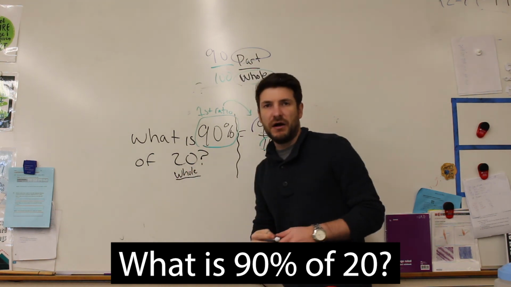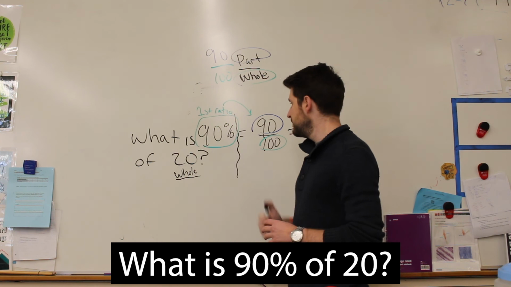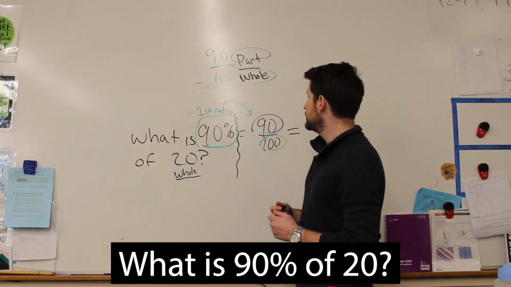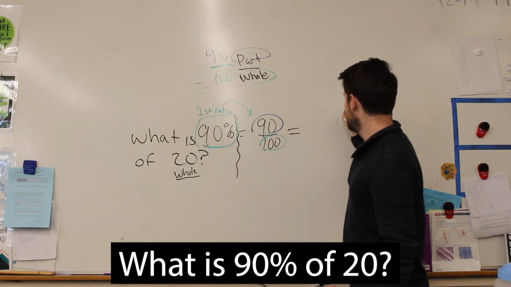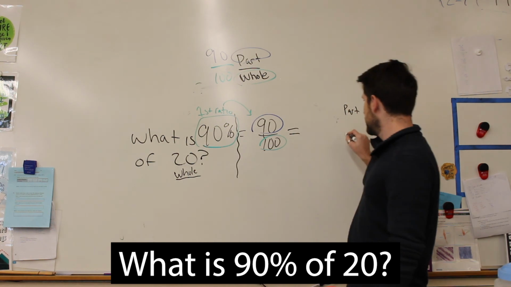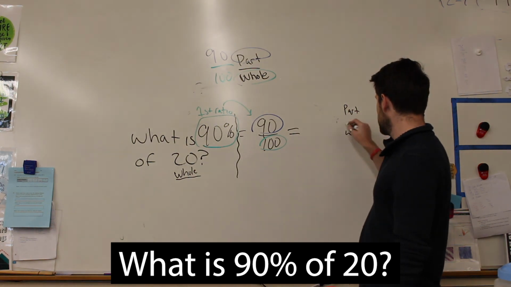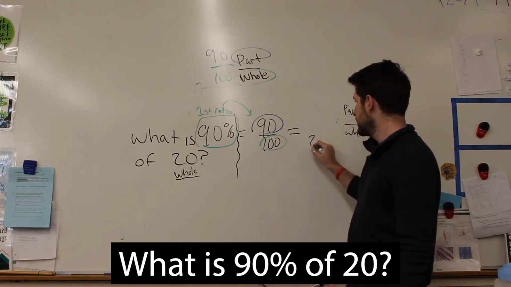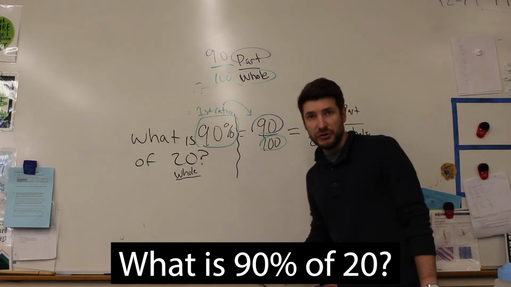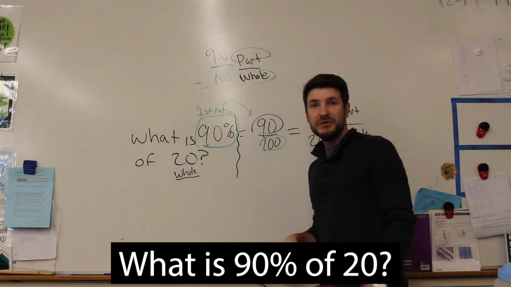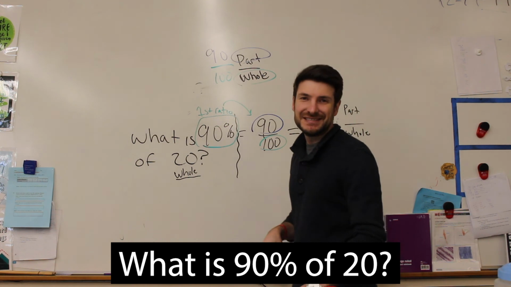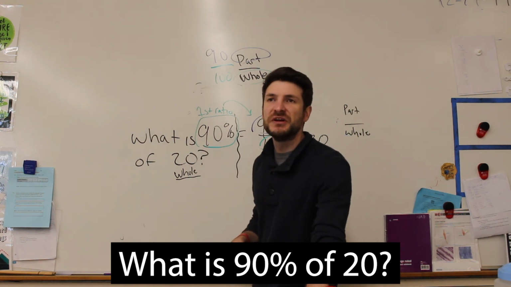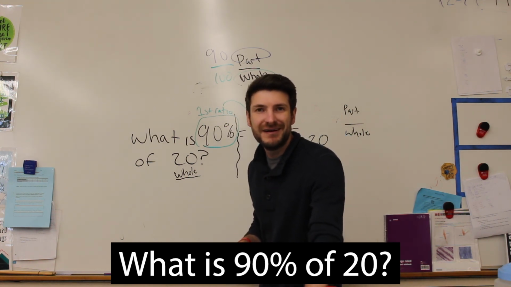You want to find out how much parts of that 20 make up 90%. So, if parts go on top, whole on bottom, 20, you got 20 out of 20, you got 100%, which you did on your last quiz, because you're smart. Learn something, Chad. Good job.